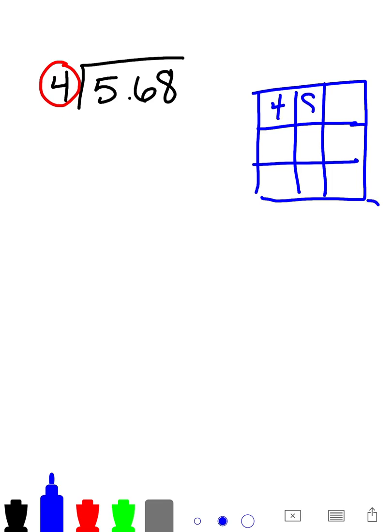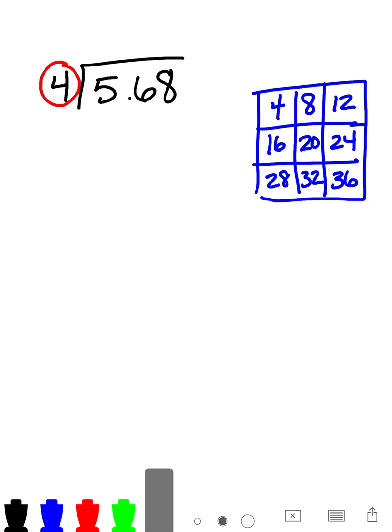So 4, 8, 12, 16, 20, 24, 28, 32, and 36. Now, the great part about this is all the multiples of 4 through 9. Does that make sense? The multiples of 4, 1 through 9.